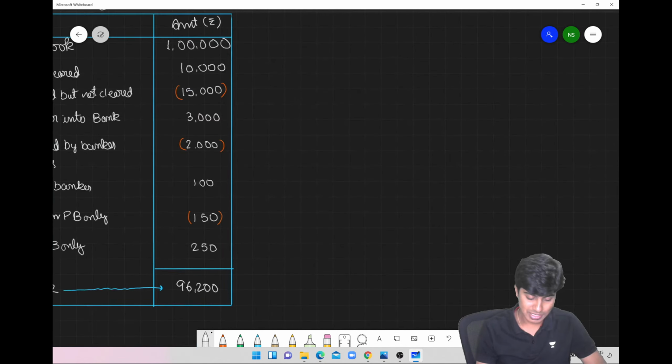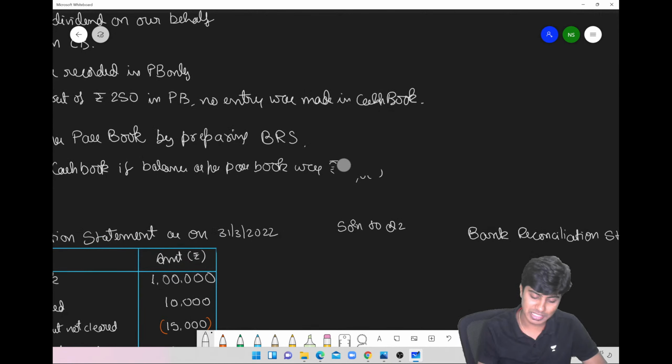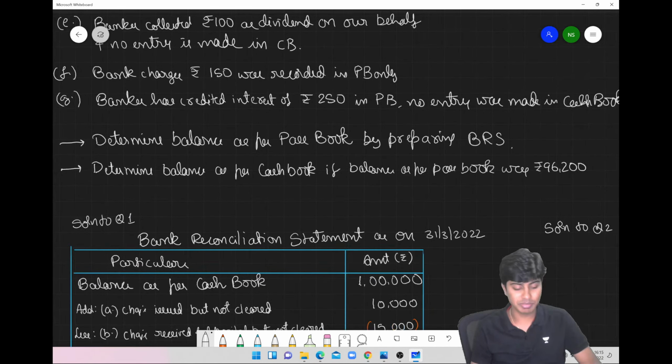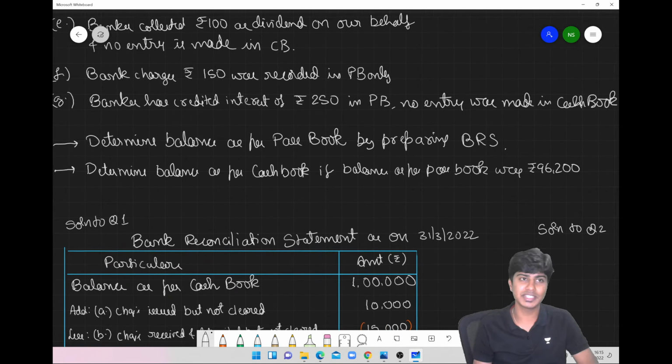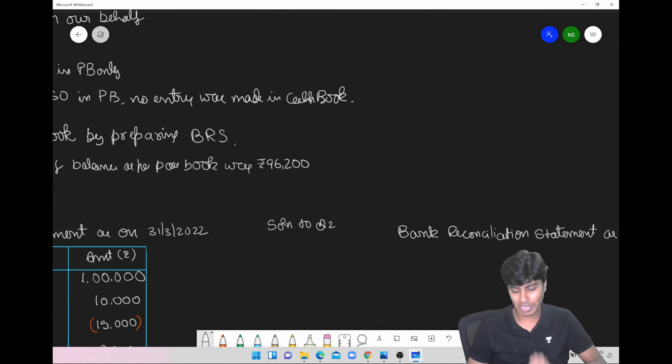We'll take this 96,200 and try to arrive at 1 lakh. Let's see if it will work. I have changed. I'm taking my balance as per passbook as 96,200 and we're trying to find the cash book balance. If it was not given in the question as 1 lakh, would we be able to find it?